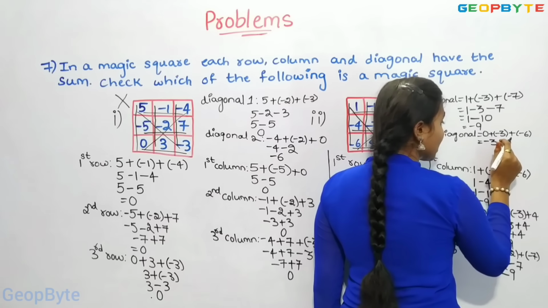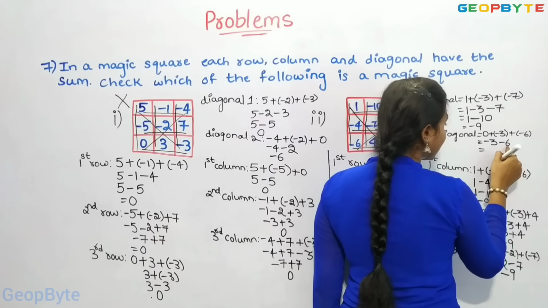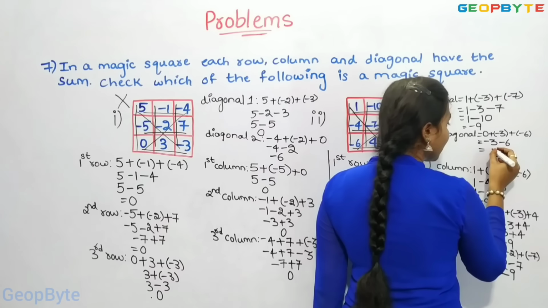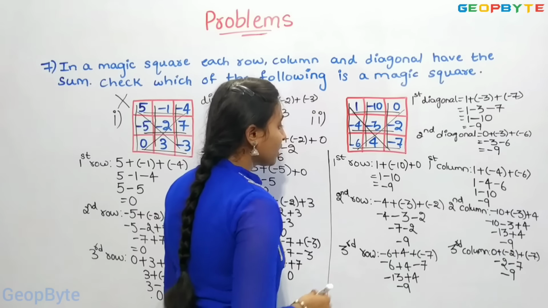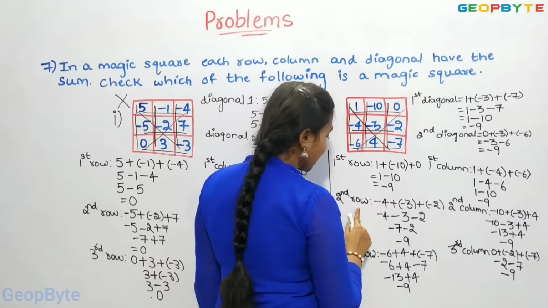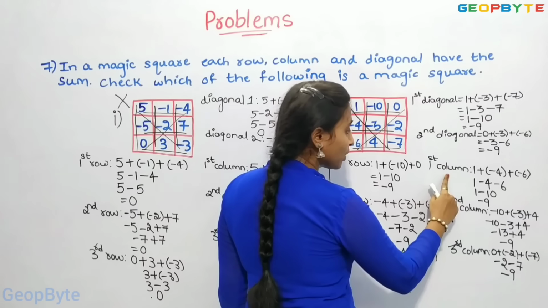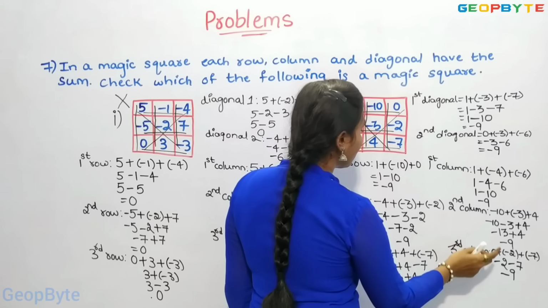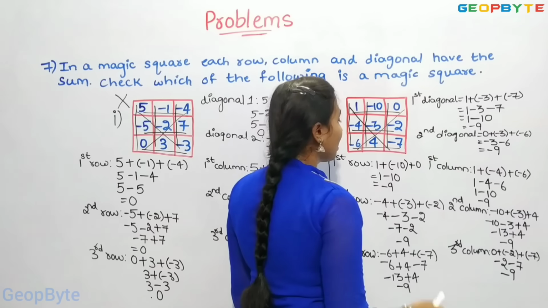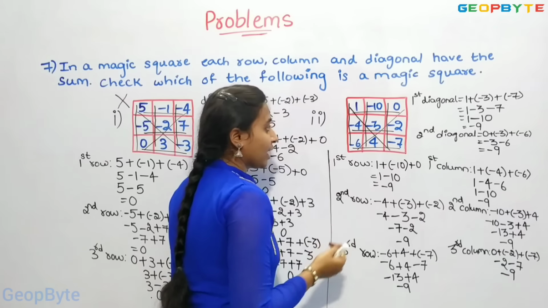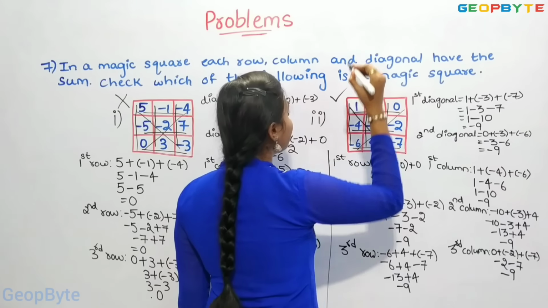Minus into minus plus 3 plus 6, 9. That is minus 9. We got first row, second row, third row, first column, second column, third column, first diagonal, second diagonal as minus 9. So, this is a magic square.